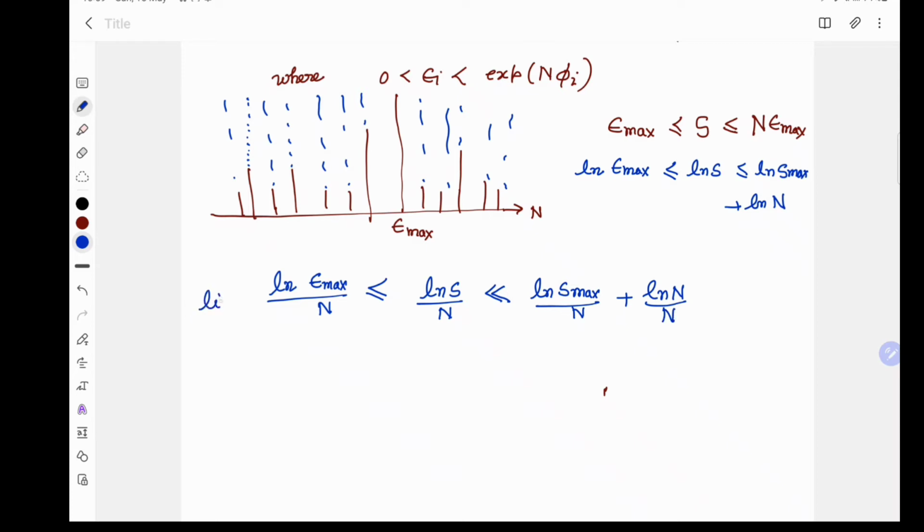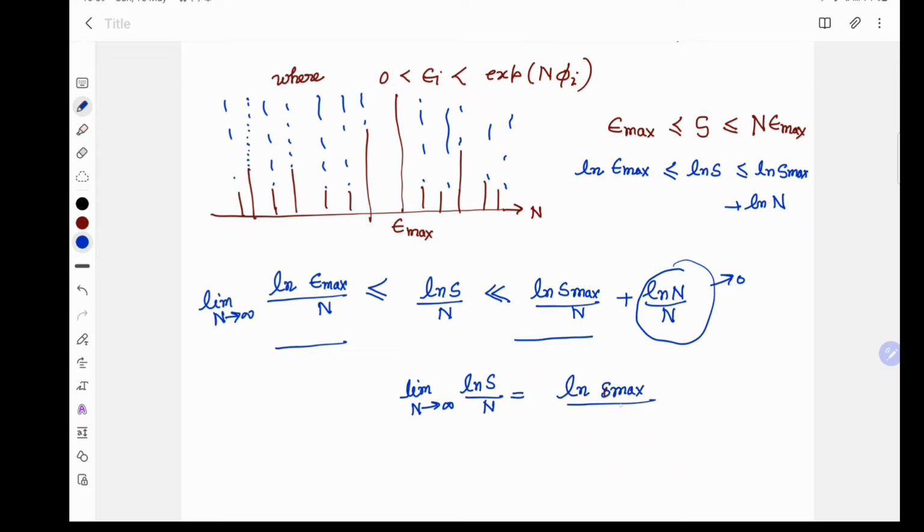And now if you take the limit n tending to infinity, what we will get? This term will go to 0. And now we have log s over n bounded by the two same numbers. That means in the limit n tending to infinity, this log s over n has exactly the value s max over n.